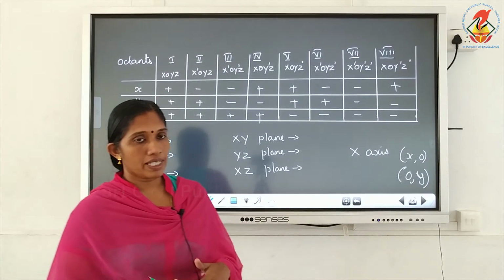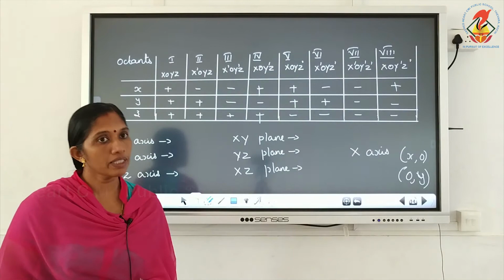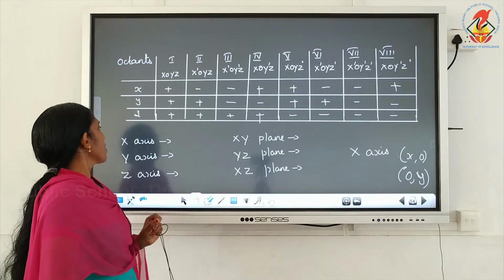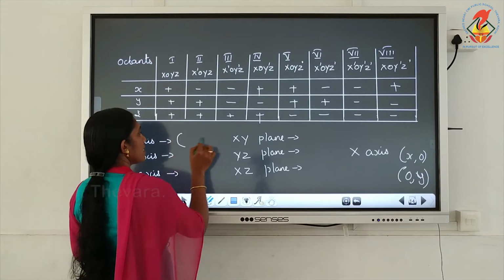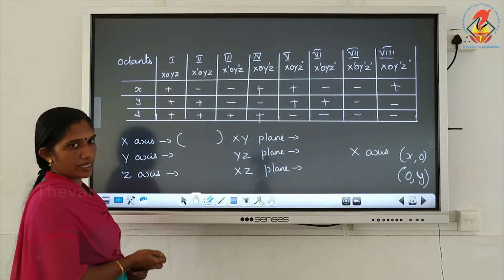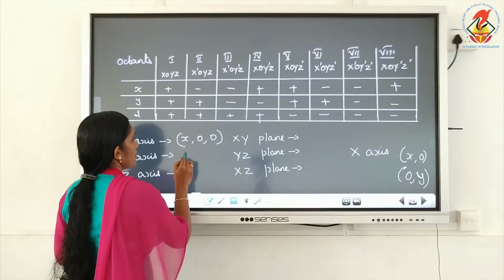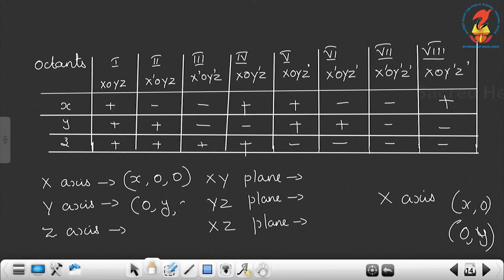Here we are talking about points in space, so 3 coordinates are there. So on the x-axis, how do we write a point? Only the x coordinate is there, the other 2 coordinates are 0. Now any point on the y-axis is of the form 0, y, 0. Any point on the z-axis, 0, 0, z.